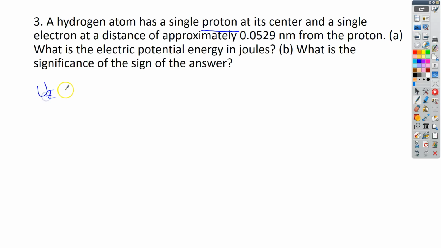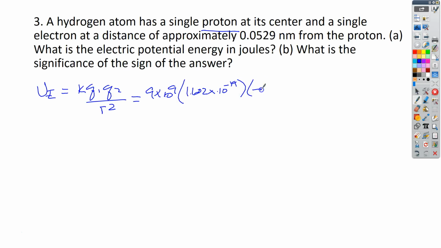Our potential energy is equal to K times Q1, Q2, all over R. We know that K is about 9 times 10 to the 9th. For a proton, we have 1.602 times 10 to the negative 19th coulombs. And for an electron, it's the same thing, but negative 1.602 times 10 to the negative 19th coulombs.